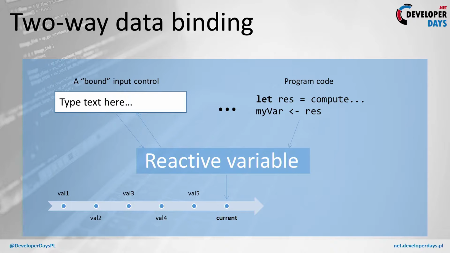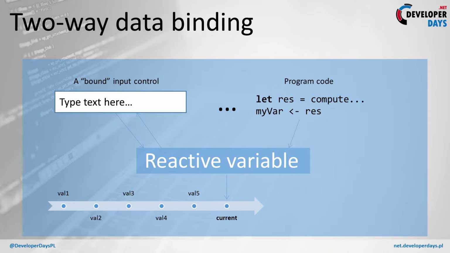And in this case, let's assume we have a very primitive model. We have a simple, single reactive variable. This is my model. That reactive variable is bound to the input control, and it can programmatically be changed. And as soon as you update the value programmatically of the reactive variable, it will update the user interface control. That's the very simple idea.